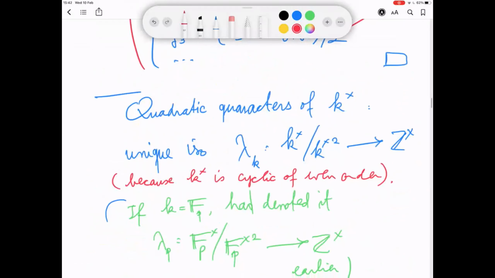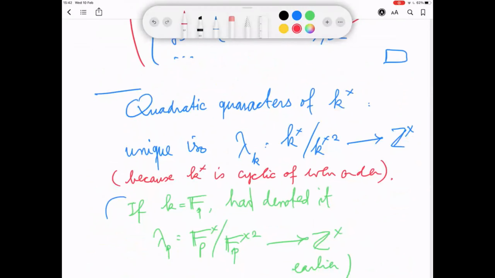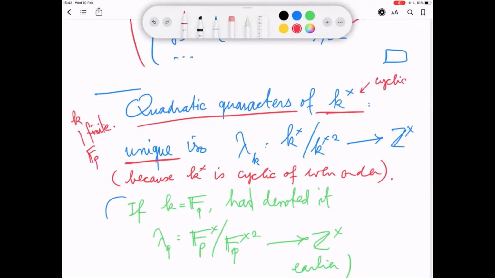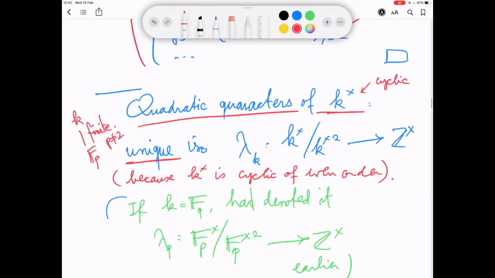Okay. So now it becomes very important that K is a finite field, because I'm now looking at quadratic characters of K star. So if it's a finite field, and of course p is odd, then this is cyclic of even order.